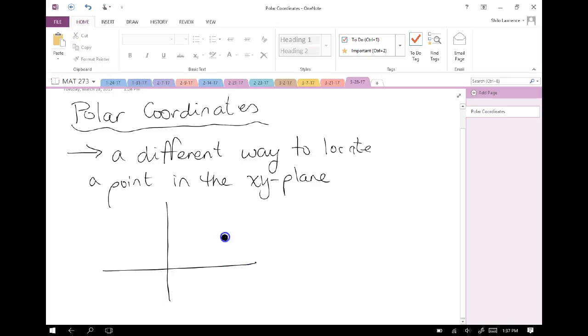So this point right here, I could get there by going a certain number of units on the x-axis and then a certain number of units on the y-axis, and those form a rectangle. So that's why we call them rectangular coordinates.